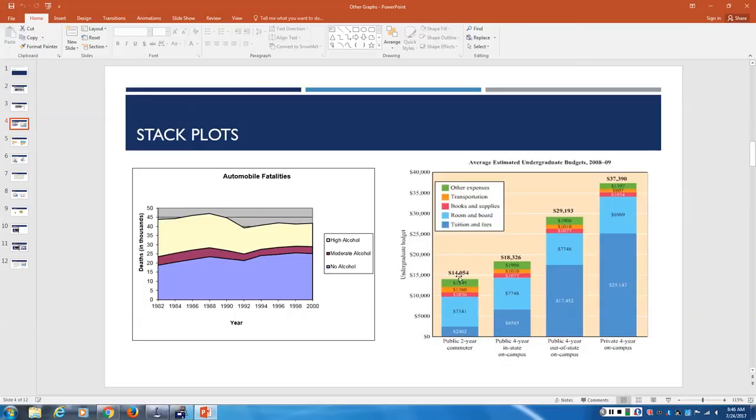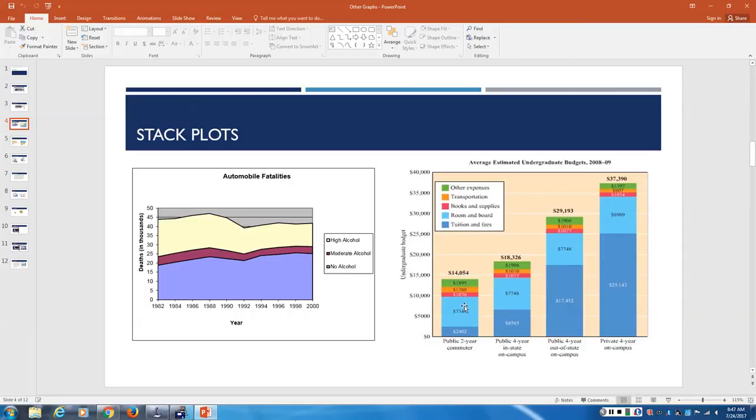So you notice overall the budget for public 2-year community colleges or commuter colleges is about $14,000 compared to private, which is about $37,390. But notice that the biggest difference in all of these is the tuition and fees, the dark blue part of the bars. The primary difference is that tuition and fees.